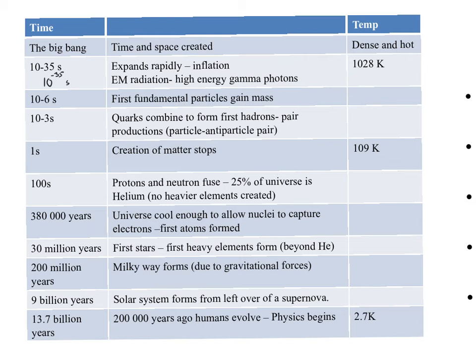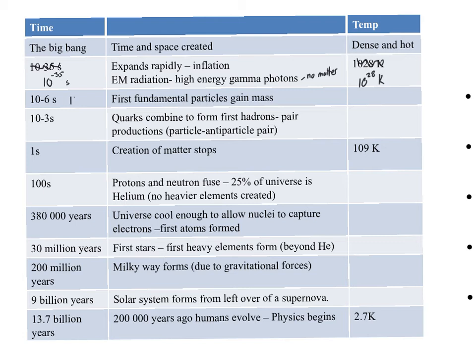Then after 10 to the minus 35 seconds, the universe started expanding very rapidly, and it had a lot of high energy gamma photons. At this point, there's no matter formed yet, because the temperature is so high. It's 10 to the 28 Kelvin at that point in time.